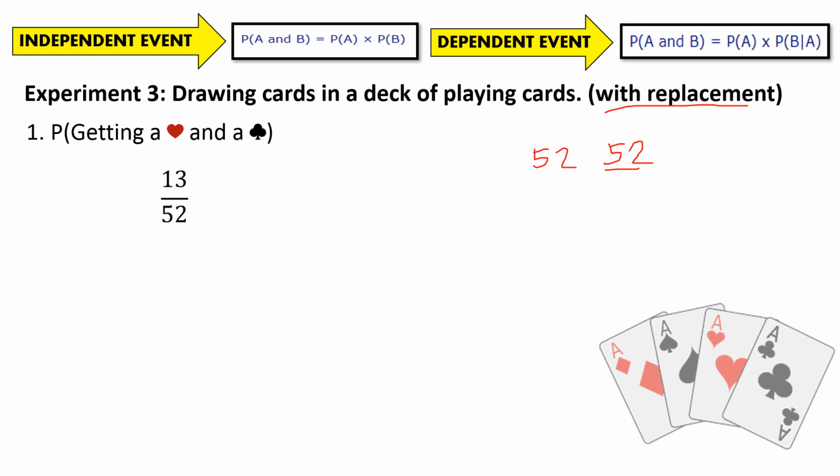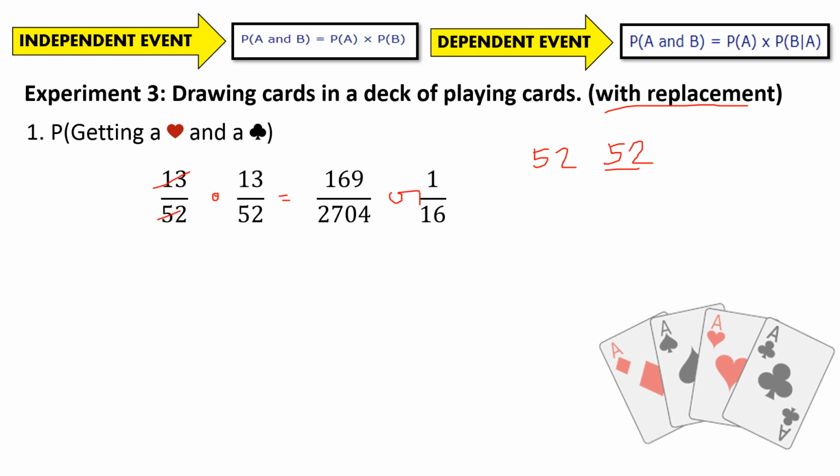Since experiment number 3 is independent, the denominator won't change. For clubs, we still have 13 over 52. We just simply multiply these two, giving us 169 over 2,704, which can be further simplified to 1 over 16.